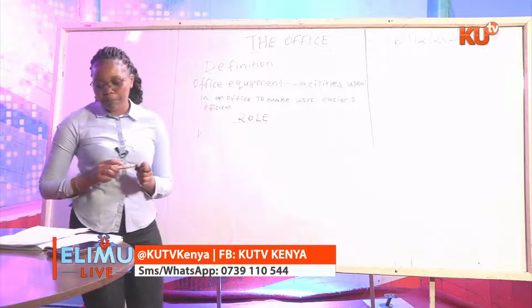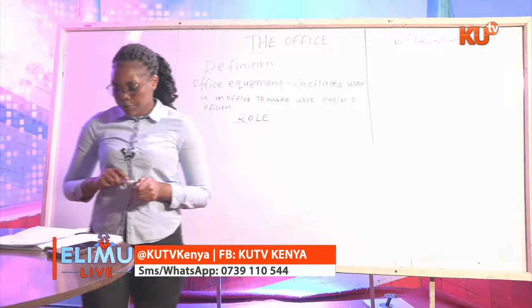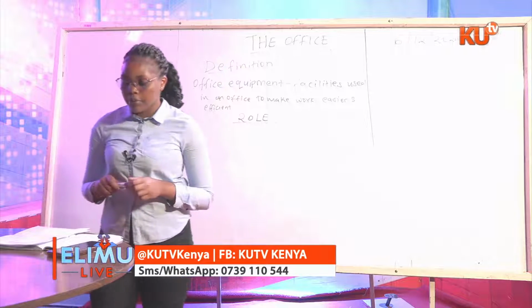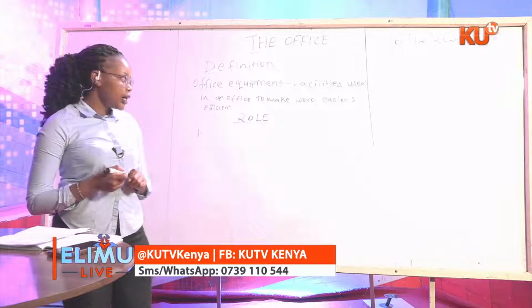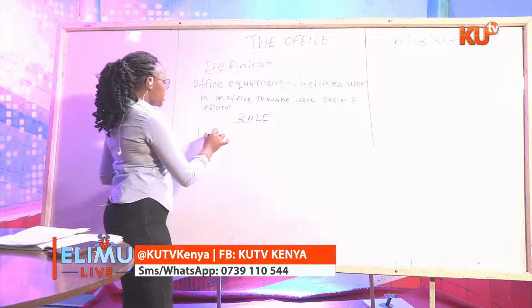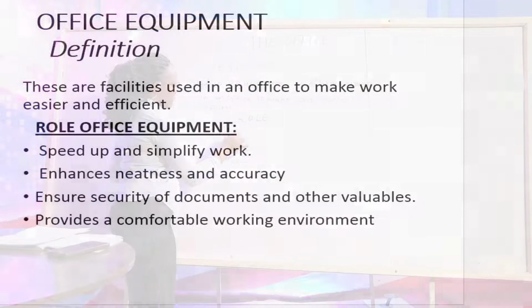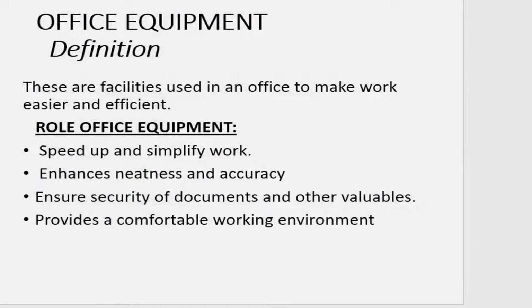Number one, office equipment is used to simplify work. It simplifies and speeds up work. Number two, it enhances neatness and accuracy.